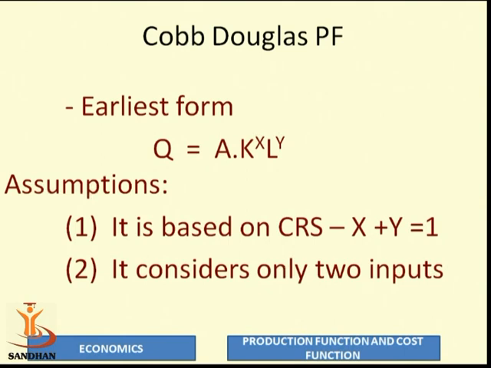They are the proportions. So we say alpha plus beta is equal to 1, which is the biggest lacuna of the Cobb-Douglas production function, which assumes constant returns to scale. And the second biggest lacuna is that it considers only two inputs, that is capital and labor. So gradually we moved into new and modern production functions.